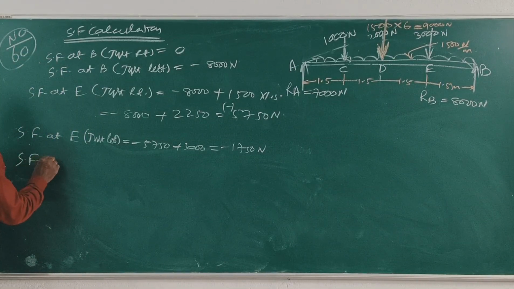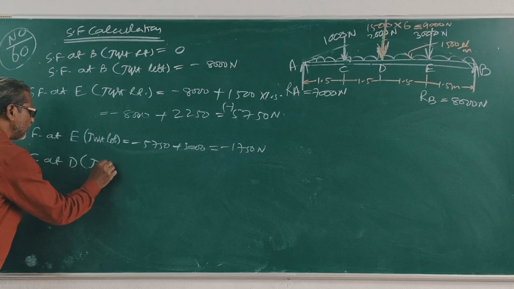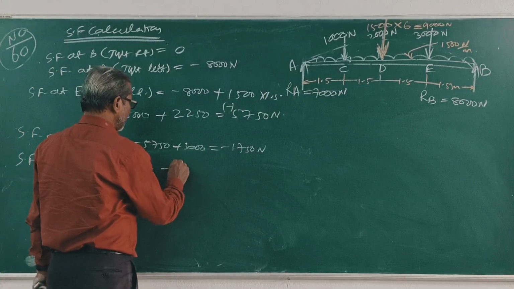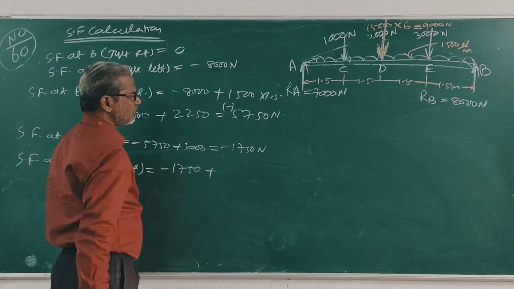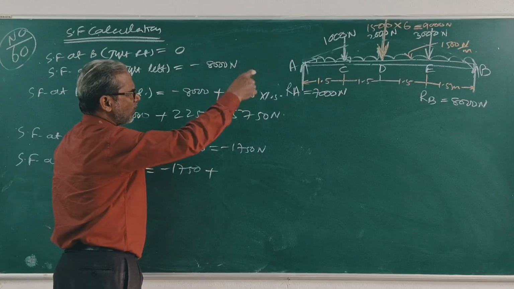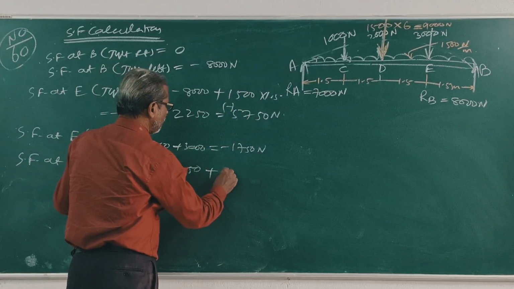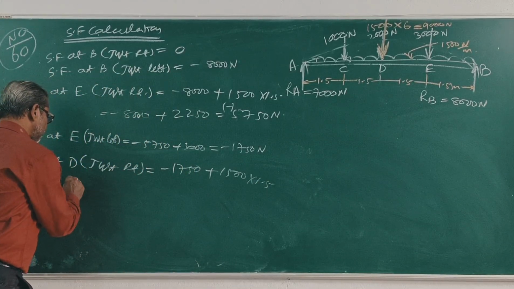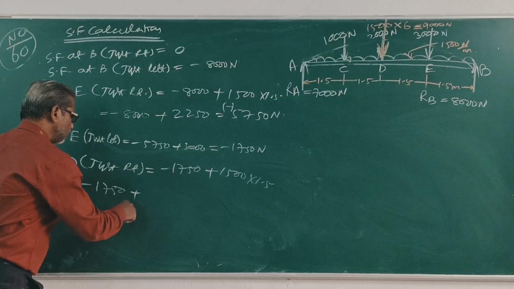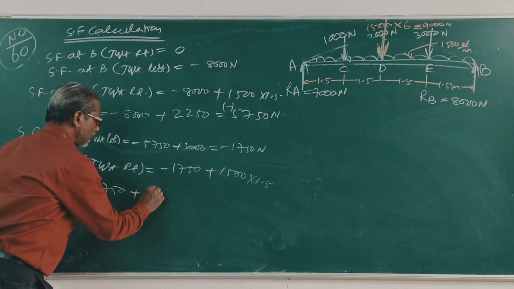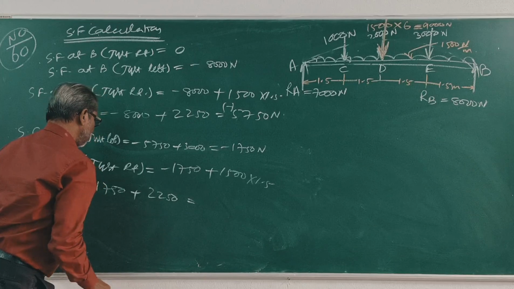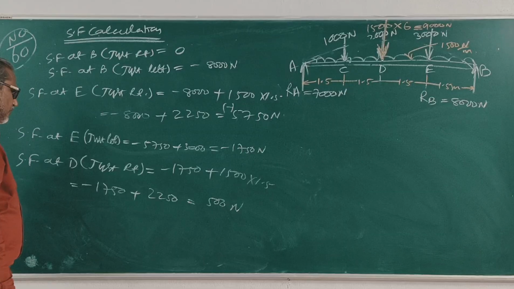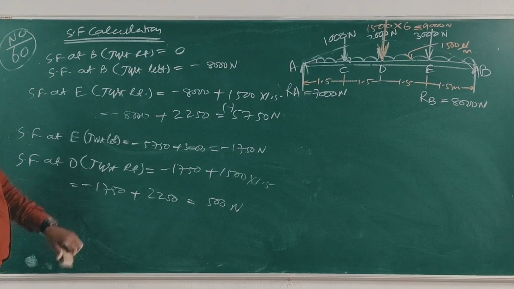Shear force at D just right is minus 1750 plus 1500 into 1.5, which is minus 1750 plus 2250, equal to plus 500 Newton. This is for just right, then just left.